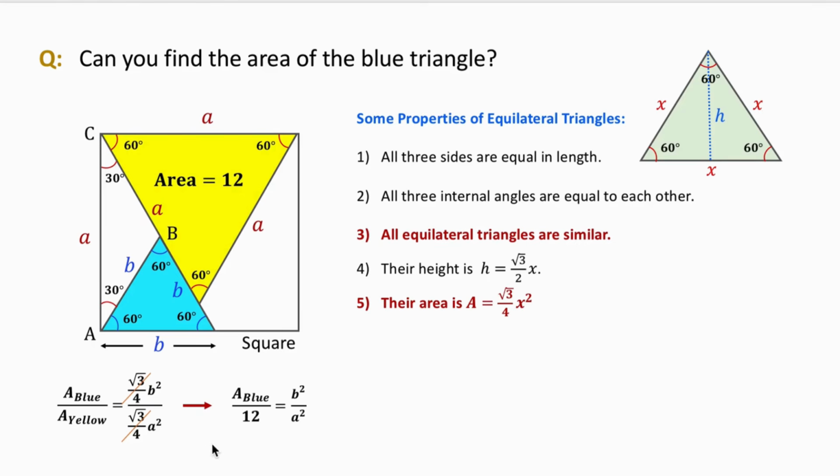In such an isosceles triangle, BD is the perpendicular bisector of AC because it meets AC at a right angle and divides it into two equal parts. Therefore, AD equals CD, and each is equal to A over 2.